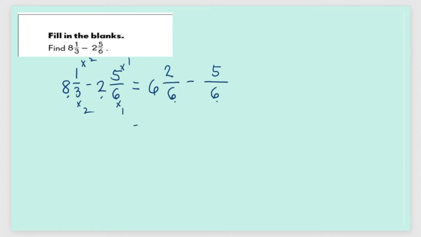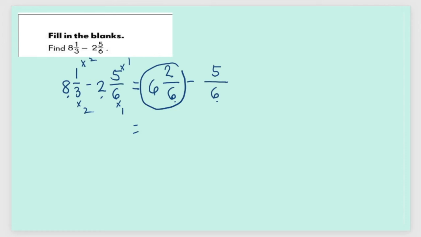This is the part wherein you have to learn how to rename fractions or mixed numbers. Because you see, 5/6 is bigger than 2/6. We cannot subtract this from this number. But wait, this fraction 2 over 6 is actually part of 6 and 2/6.